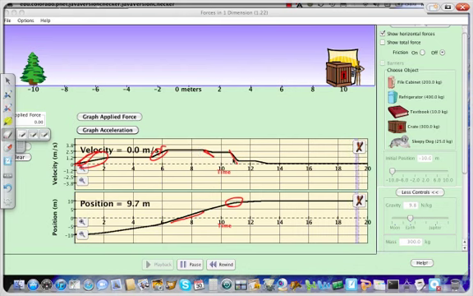Or here, or here. If I'm not pushing on an object, then it doesn't mean that the object can't be moving anymore. In fact, here it's still moving, and here it's still moving, and here it's still moving. It's just that it's doing so at constant speed.